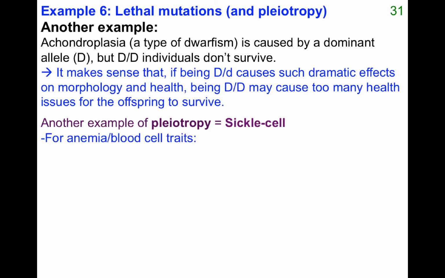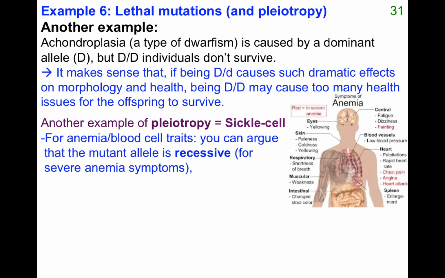So sickle cell, right? So when it comes to having anemia, lacking the ability to carry oxygen very well in your blood and therefore being quite weak and lacking oxygen all the time, out of breath, you could argue that the mutant allele is recessive when it comes to the symptoms, in that you have to have 2 bad copies in order to show the full symptoms of sickle cell anemia, all right?